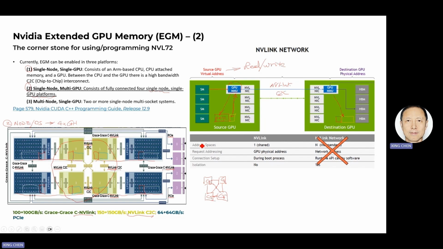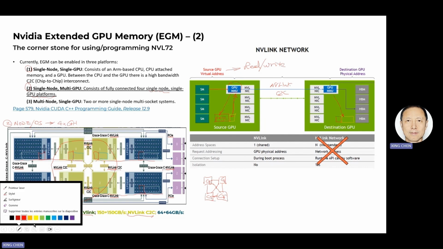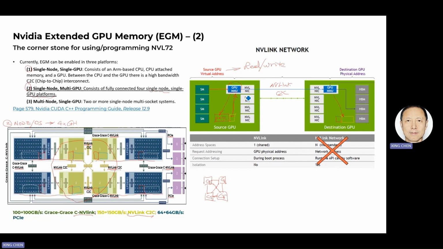And then the network sends a request to the destination GPU, and the destination GPU does not need to check this destination page table anymore, because that has been translated. It has already been done.